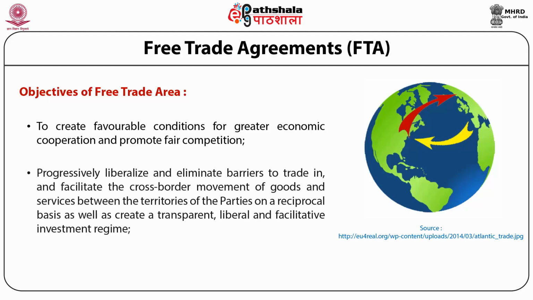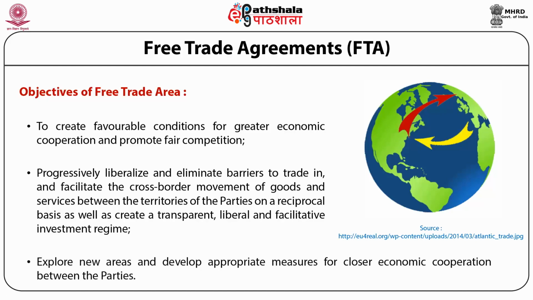Number two, progressively liberalize and eliminate barriers to trade in and facilitate the cross border movement of goods and services between the territories of parties on a reciprocal basis, as well as create a transparent, liberal, and facilitative investment regime. And number three, explore new areas and develop appropriate measures for closer economic cooperation between the parties.